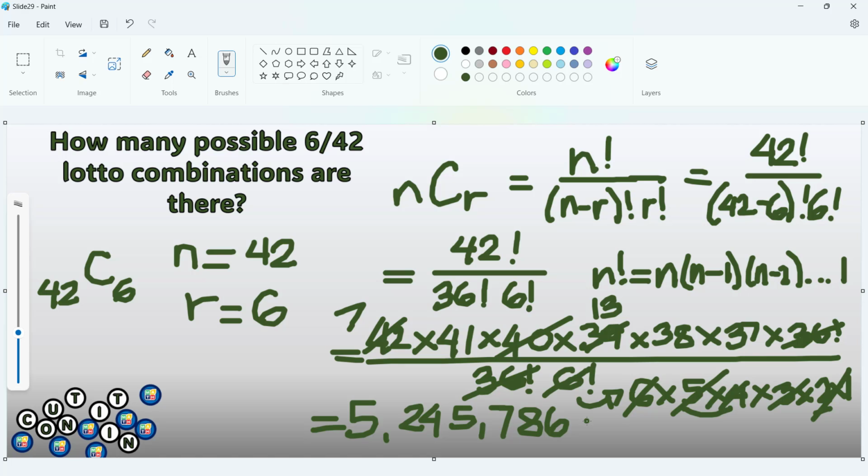And imagine how much a certain ticket would be. I don't know if it's 20, 24, or 25. You multiply with that, and you will be spending that amount to win your 6/42 lotto prize. But this time, this is the answer for this combination problem, and that's Count It In.